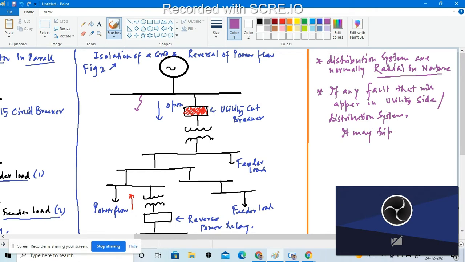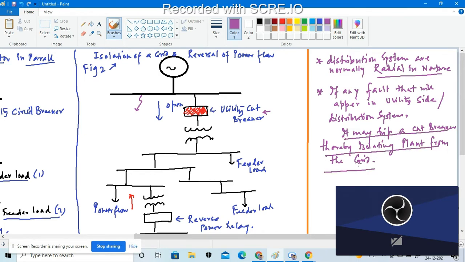It may trip a circuit breaker, thereby isolating the plant from the grid, which will be a very important point.